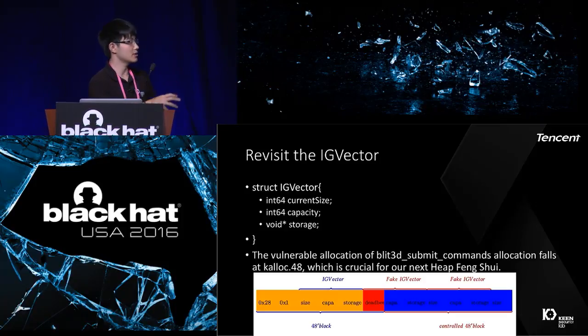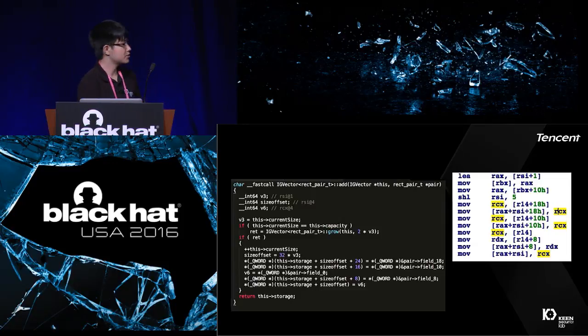But unfortunately, when the OOB occurs, it goes right behind this benign IG vector, and the dead beef and the blue regions are interpreted as another fake IG vector. In the IG vector add function, we can see that we can utilize this function to achieve an arbitrary write anywhere, but the value is constrained, and we cannot write an arbitrary value.